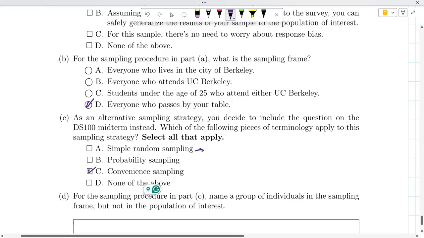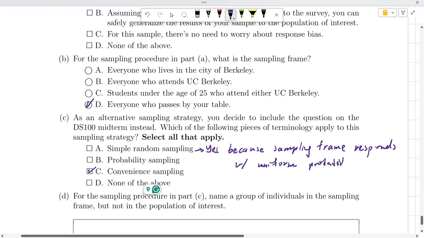So they would say yes to simple random sampling because we choose from the sampling frame at a uniform probability of 100%.